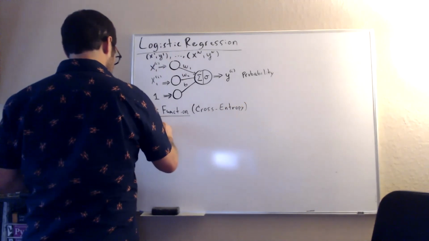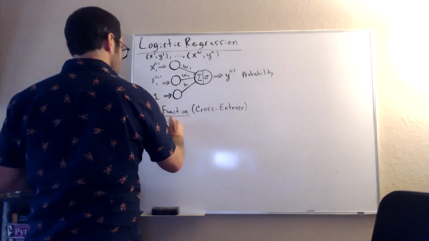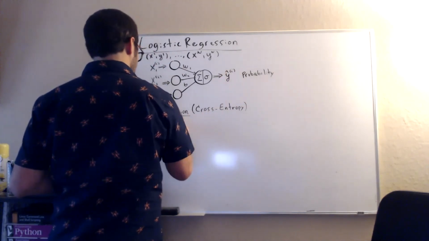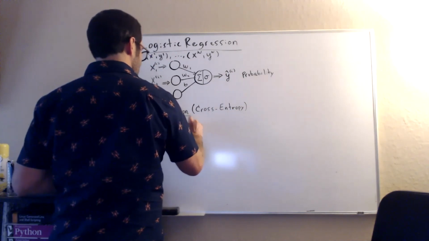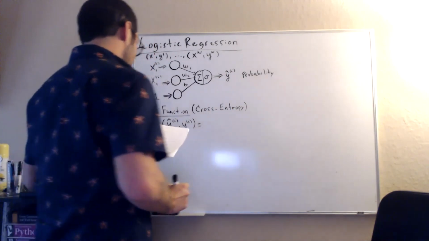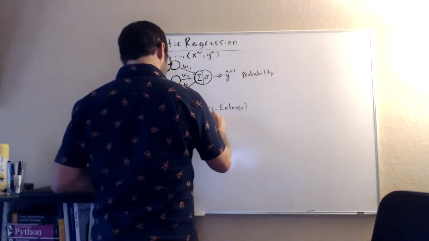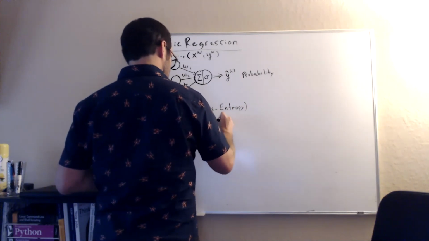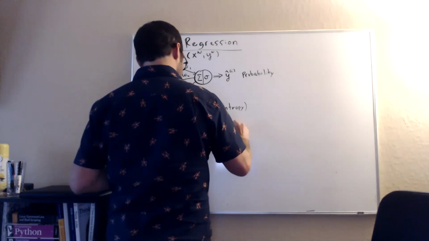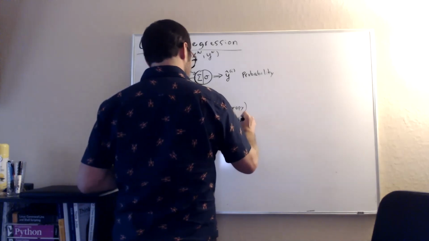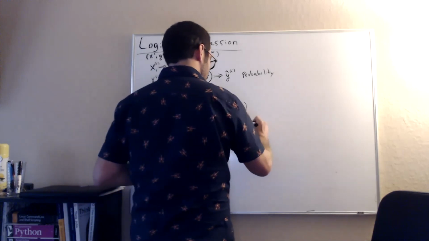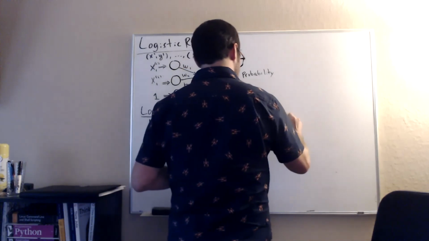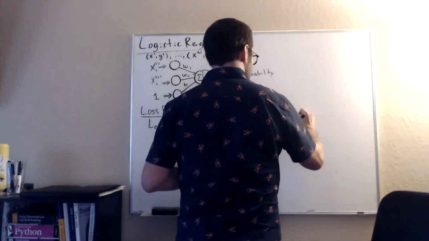So the cross entropy loss for y hat i, y i is going to be equal to negative of y i times log of y hat sub i plus 1 minus y i times log of 1 minus y hat i.